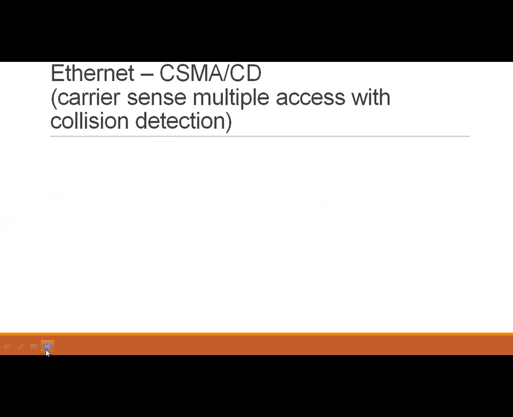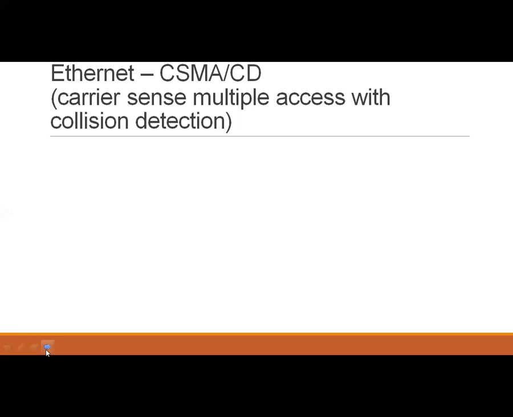Then there was one more protocol in place that is called carrier sense multiple access with collision detection, or in short, it was called CSMA/CD. Before telling you about this protocol, visualize the network of a bus topology again. When a computer has to send data, it has to use the common channel, which is the bus.